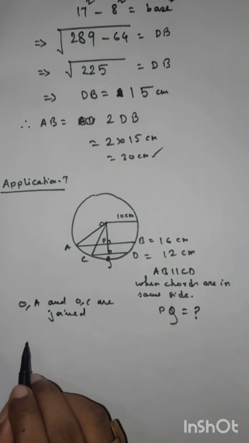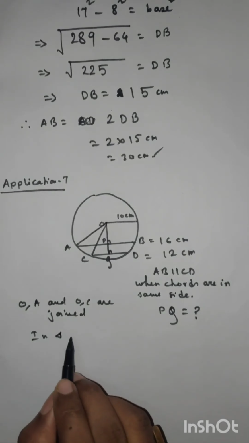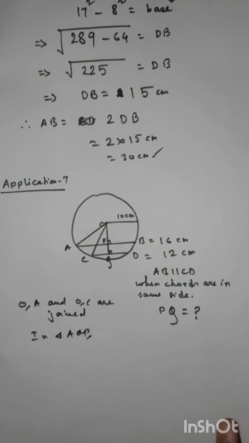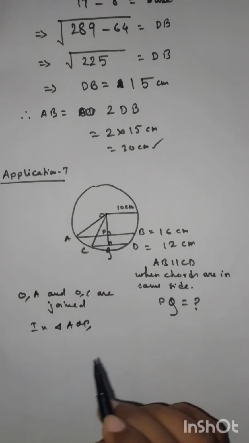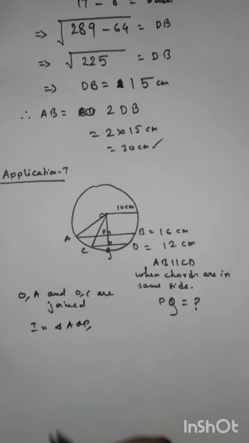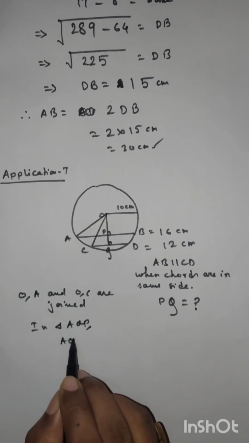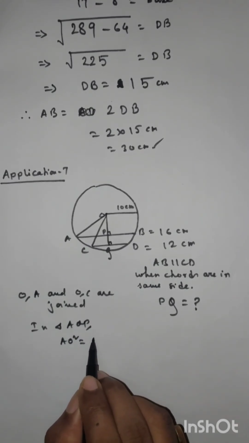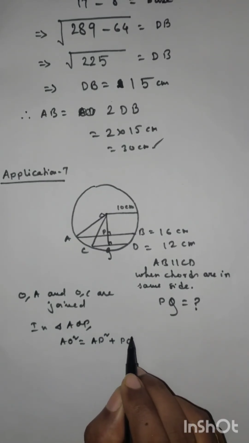Now in triangle AOP, AO square equal to AP square plus PO square.